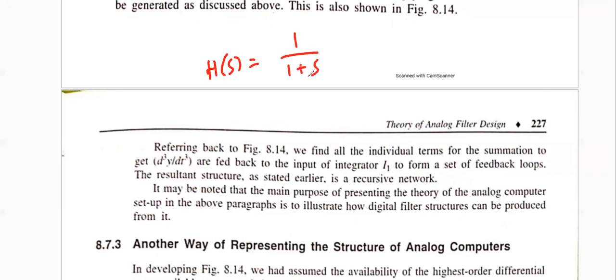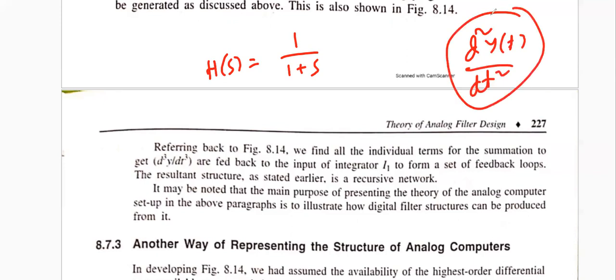Definitely we can design our second order filter like that. In the case of a second order filter, we have d square y(t) by dt square terms, and from there we can design our analog filter by using the operational amplifier. So this is the fact we have already covered.